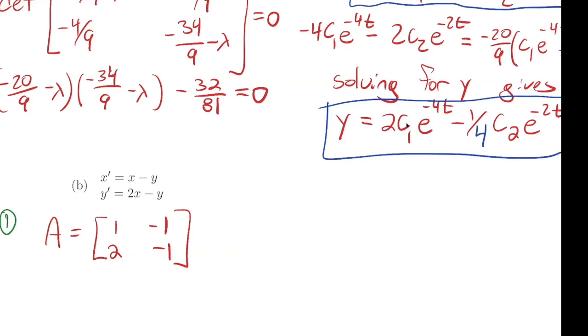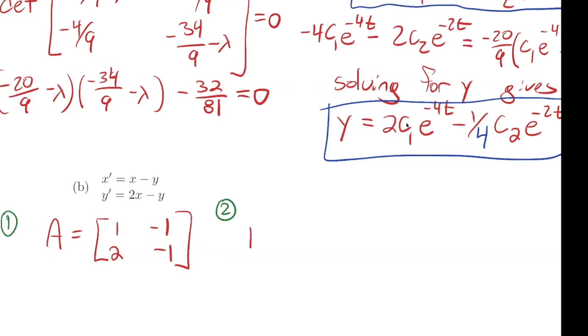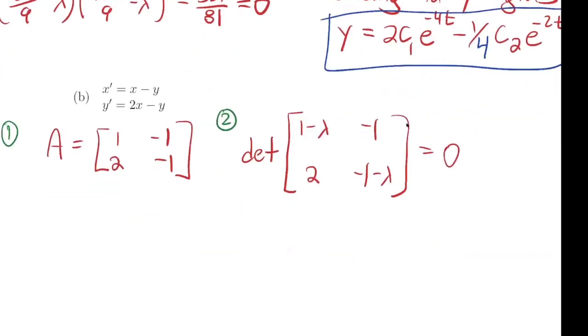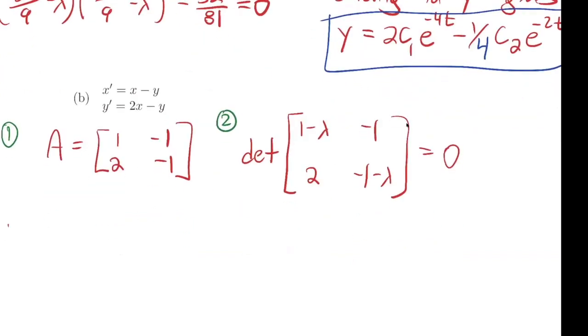We'd also like to see the characteristic equation. The next step would be to find and solve the characteristic equation. Remember, to do that, we take the determinant of this matrix where we subtract these lambdas from the diagonal entries and we set it equal to 0. The resulting equation should be some quadratic equation if we're working with 2x2 matrices.